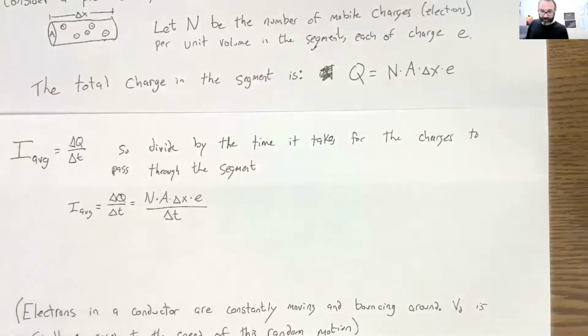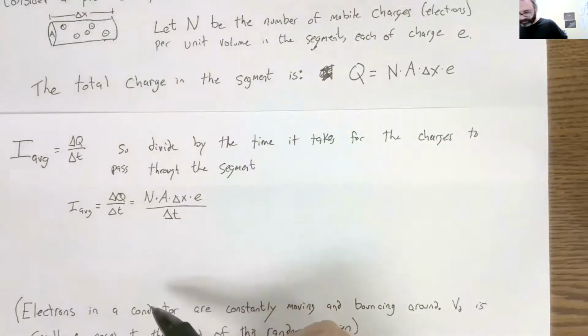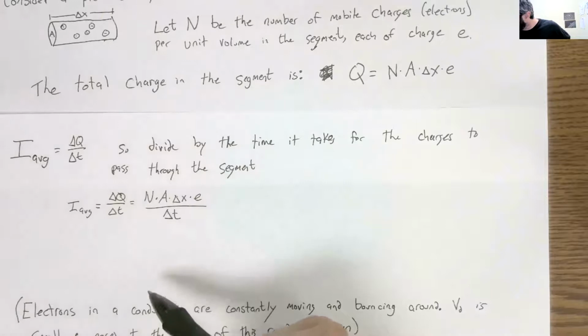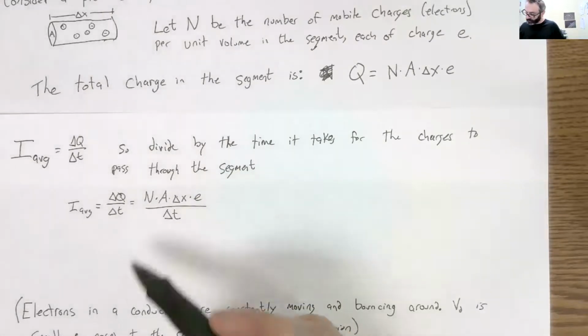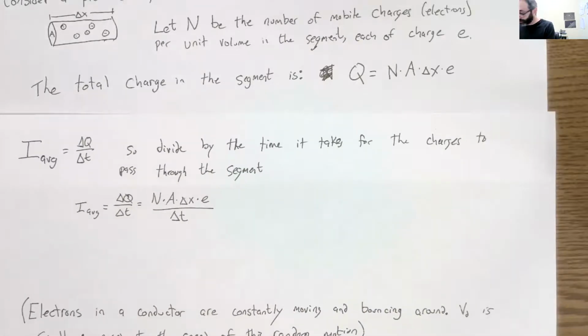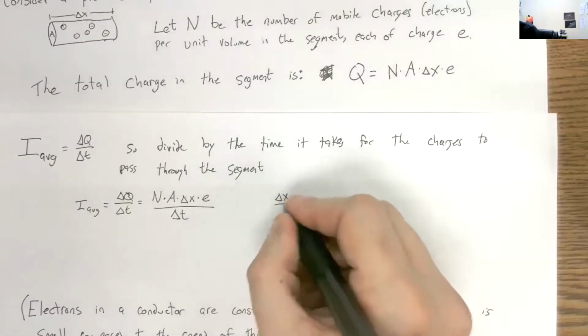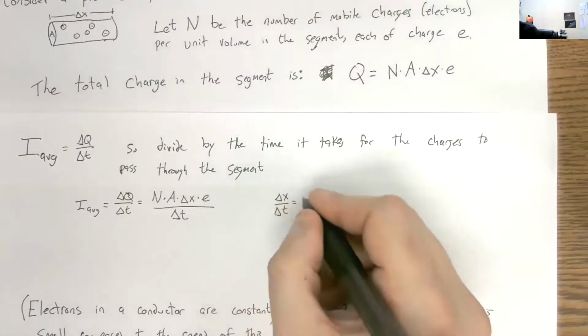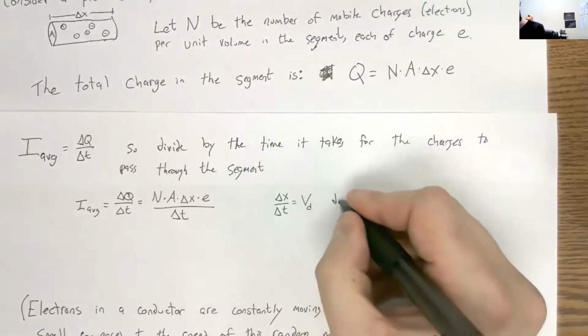We can simplify this a little bit because we know what delta X over delta T is. That's a familiar looking velocity. Yeah, velocity. The delta X over delta T would be the average velocity of the electrons, and we actually call it V sub D, the drift velocity.